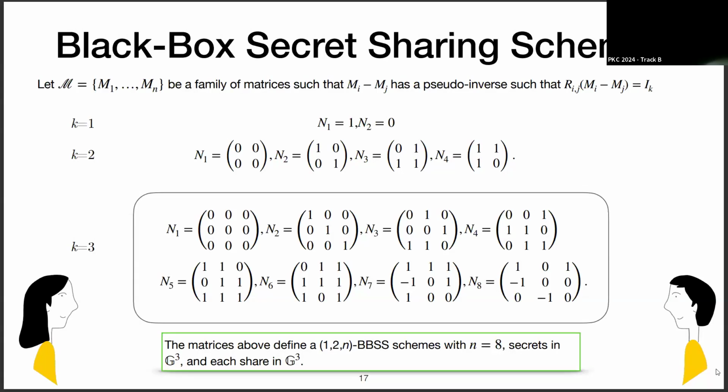And more interestingly, we have the case of 3 secrets, for which we know that there exists a family of 8 matrices. And this implies a black box secret sharing scheme that has 1 privacy, 2 reconstruction, and shares 3 secrets among 8 participants, in 3 elements, right? So that would be log n, which is the minimum share size.